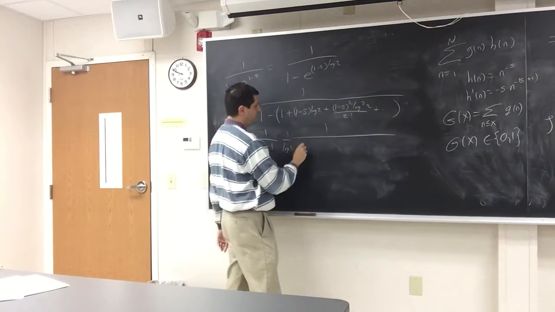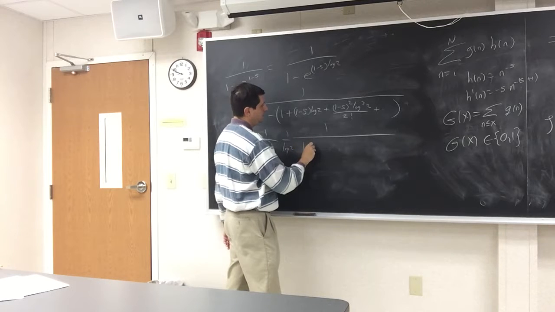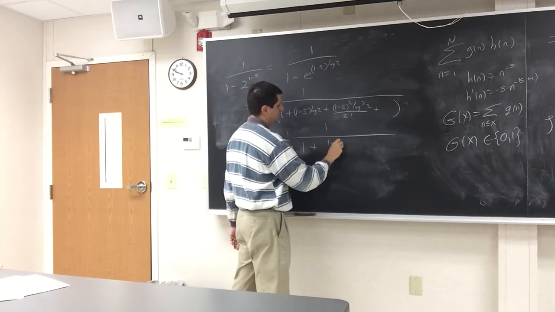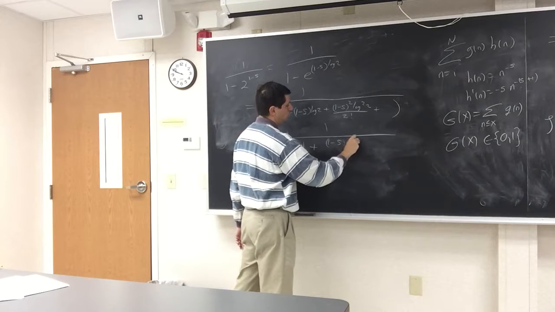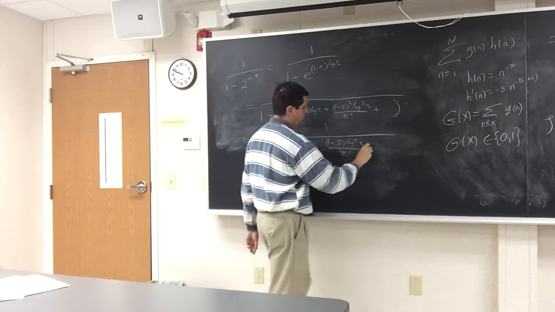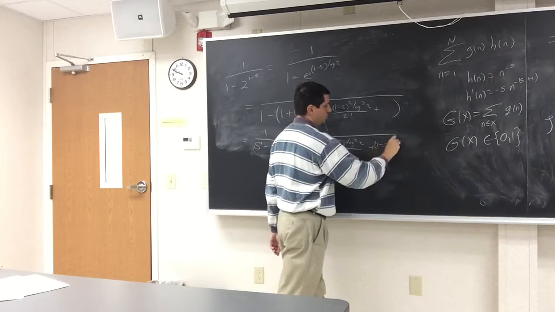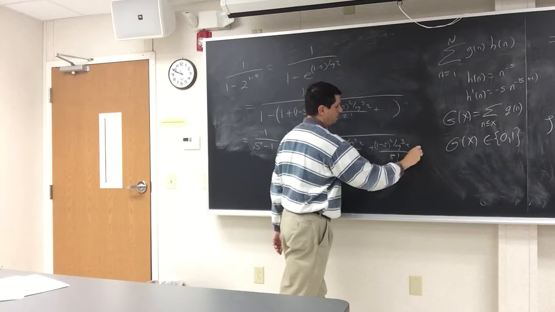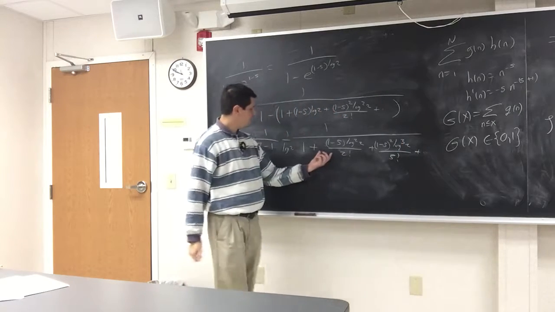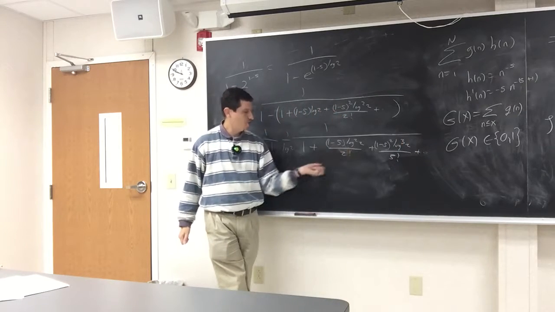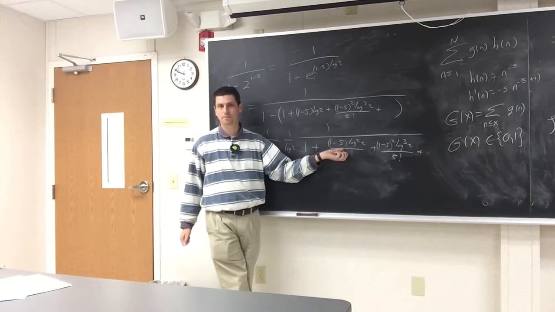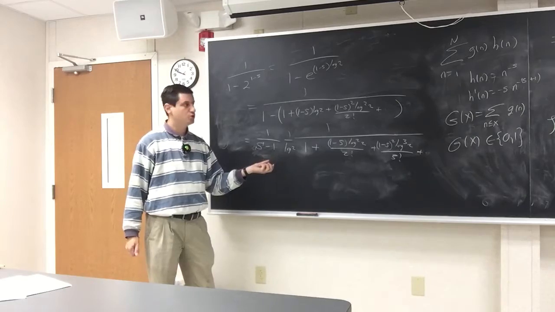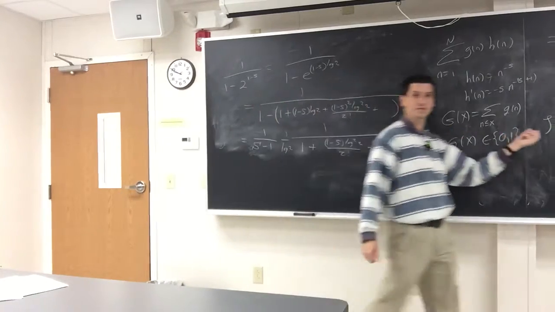And now I pull this out, I'll have a 1 plus (1 minus s) log squared 2 over 2 factorial plus (1 minus s) squared, I think, log cubed 2 over 3 factorial. But as s goes to 1, this term here goes to just 1. So this is basically going to like 1 over log 2. So it's looking like this has a pole, a simple pole.